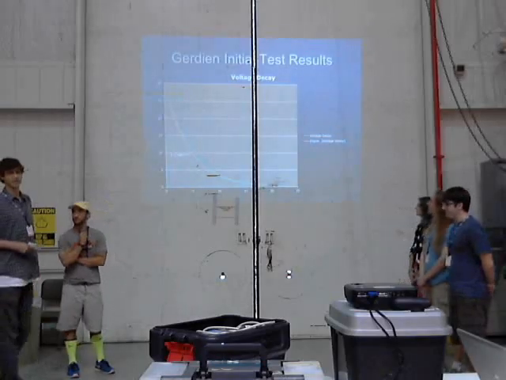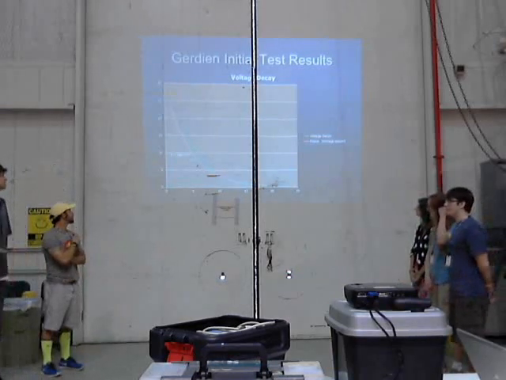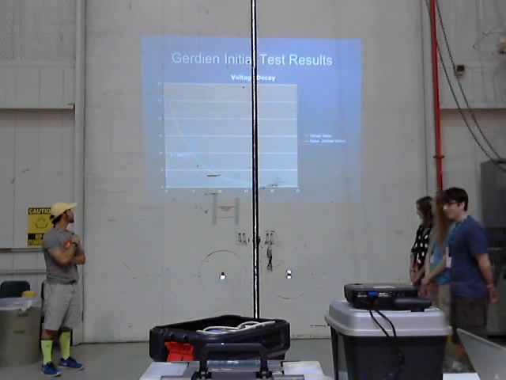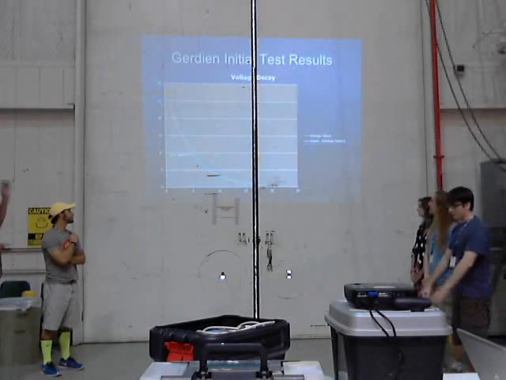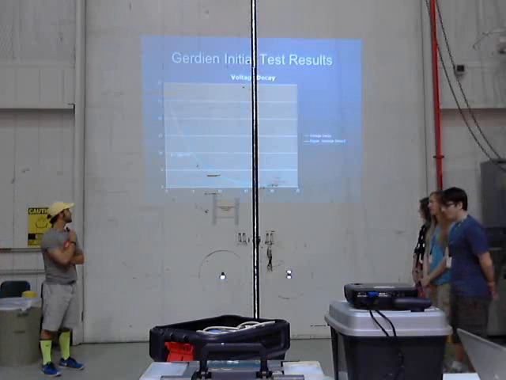This is an initial test run on it. As you can see, we experience an exponential voltage decay from a 25 volt charge, and we fit that to an exponential decay curve.